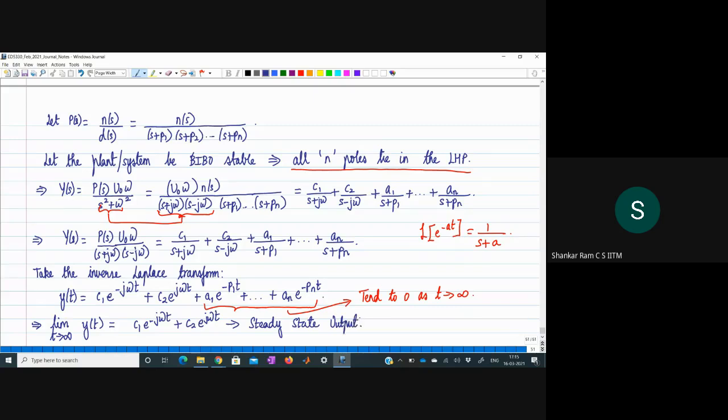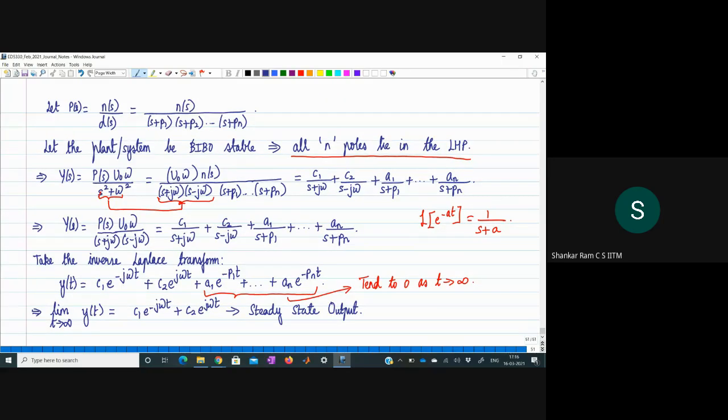So as to how we got the steady state output, which is essentially the limit t tending to infinity of y of t, being C1 e power minus j omega t plus C2 e power j omega t. Because the terms involving the n poles would tend to 0 as t tends to infinity, because the poles are all in the left of the complex plane, right? So that is the idea.